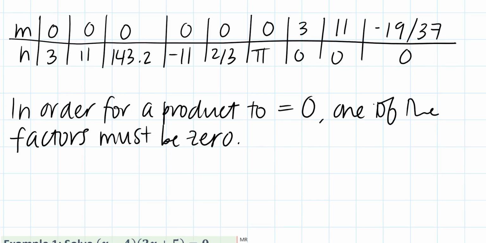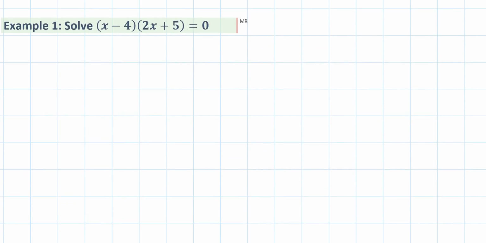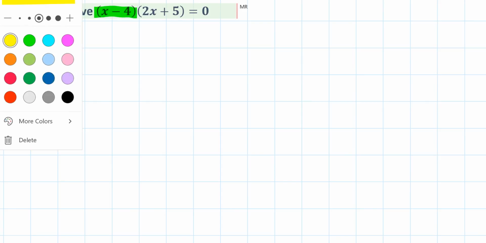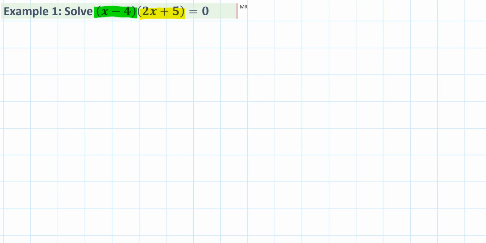Okay, let's apply that guiding idea to example 1. Example 1 is a quadratic equation that's already factored. And because it's factored, I've got two things sitting next to each other. That means I'm just multiplying x minus 4 times 2x plus 5, and that product is equal to 0. Well, we said the whole idea today is if you multiply two things and they multiply to 0, one of those individual things, one of those factors, must be equal to 0.